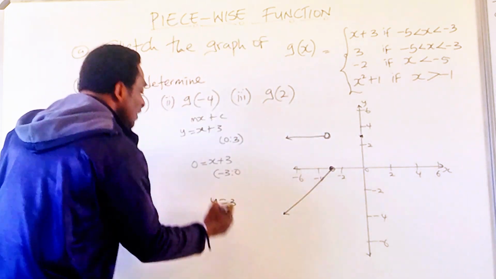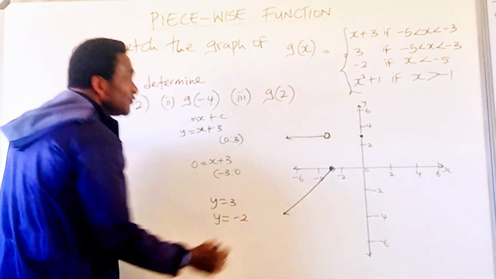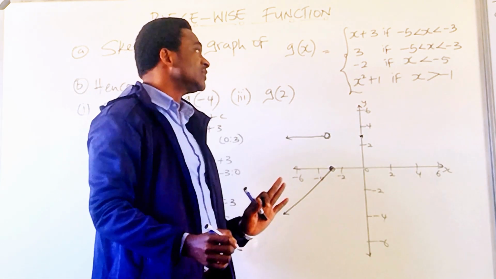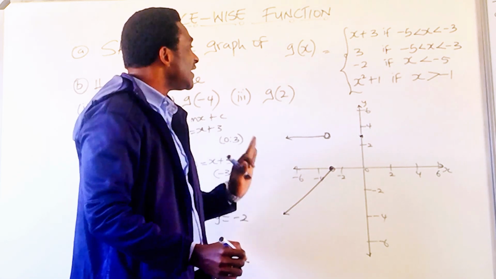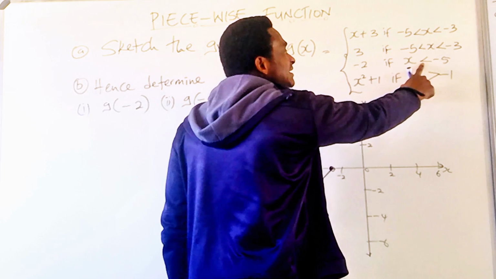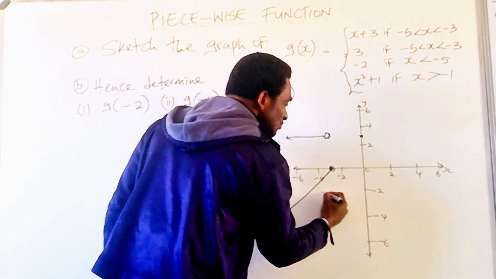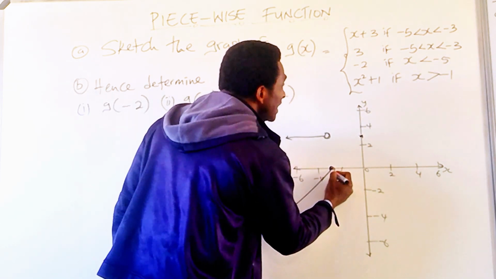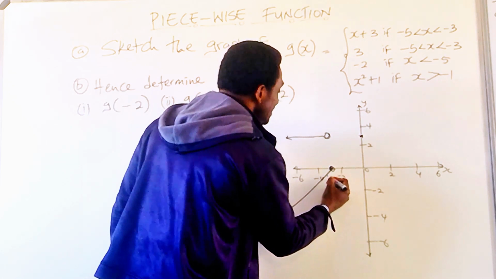Now let's look at the next one. This one says y is equal to -2. It is also a horizontal graph at -2, but they say x must be less than -5.